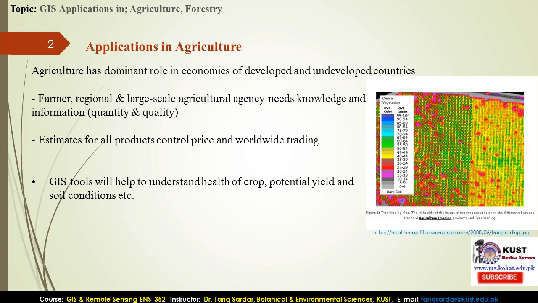So that was a little intro about the application in agriculture, and now we are going to know what the major and important applications in agriculture are, and the current trends in GIS along with remote sensing or satellite data applications, applying the simulations and tools in GIS-based applications.